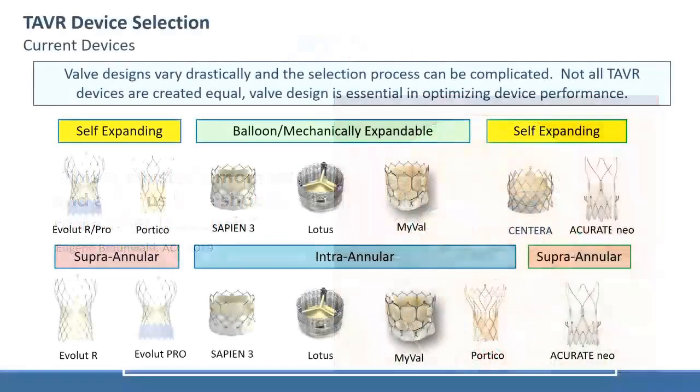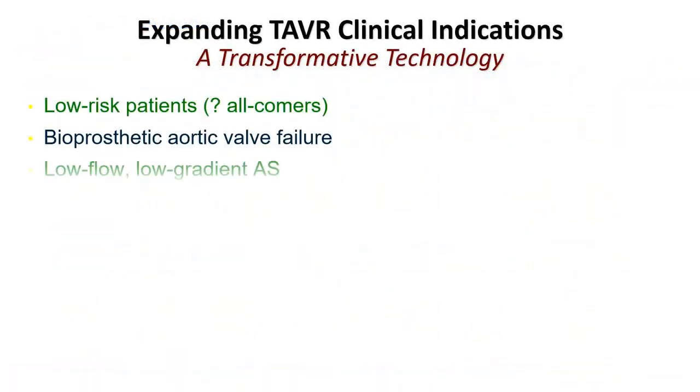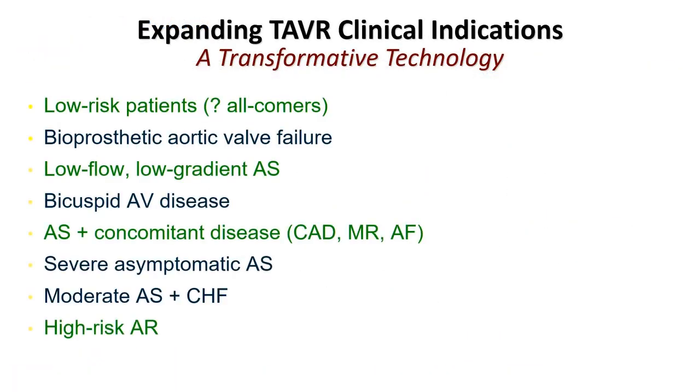Now, again, these study devices are developing. We have new devices that are coming, continued iteration, so our results are only going to be better. But I think this technology has started to mature, and we're seeing, again, new self-expanding, new supra-annular valves. Again, a lot to be developed in this exciting field. So what is next? I think we are going to get the low-risk patients.